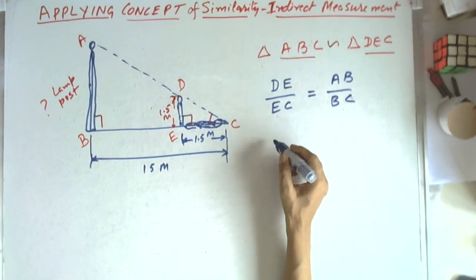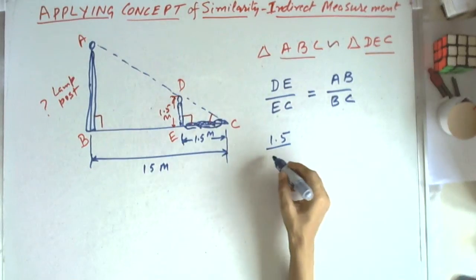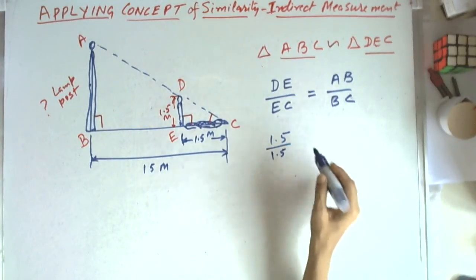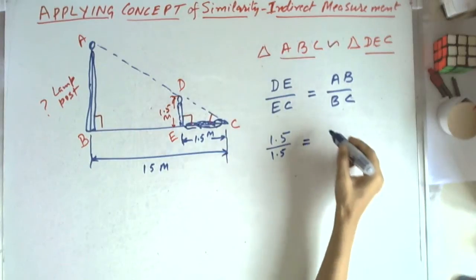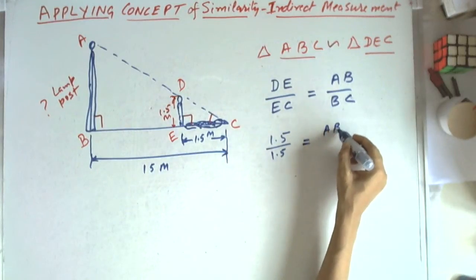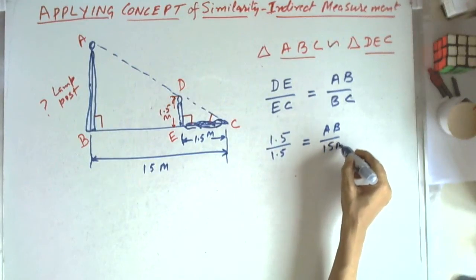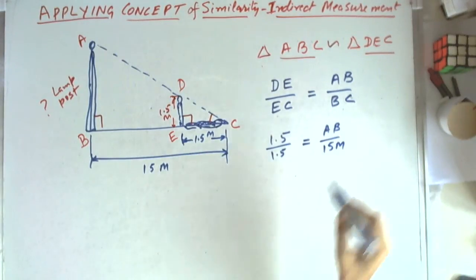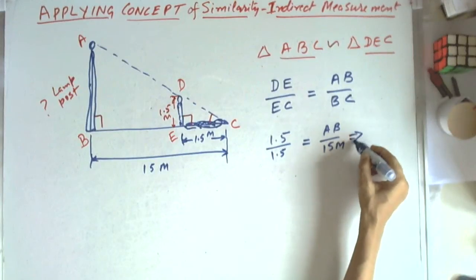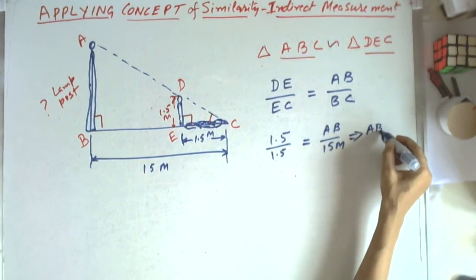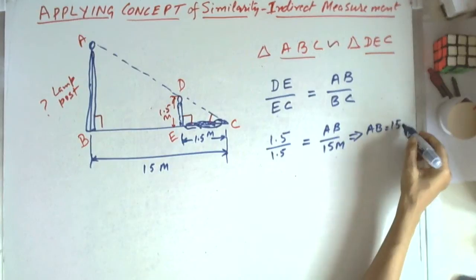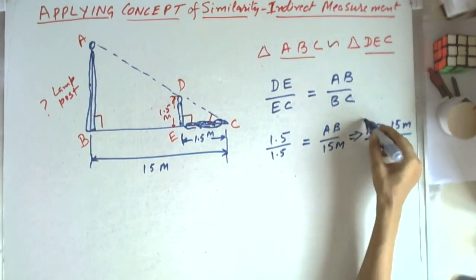So DE is 1.5 meter and EC is also 1.5 meter. AB we don't know and we know BC is 15 meter. So if we solve this problem, then we will find that AB is equal to 15 meter.